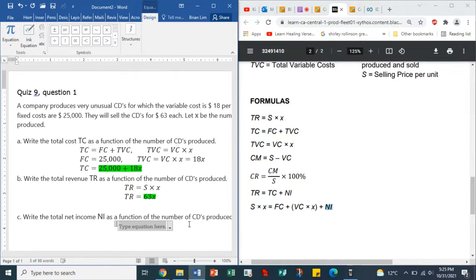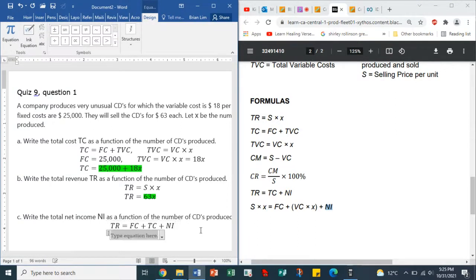All right, so the function, we could write it also as total revenue, which you might find useful later on, equals the total cost plus the net income.